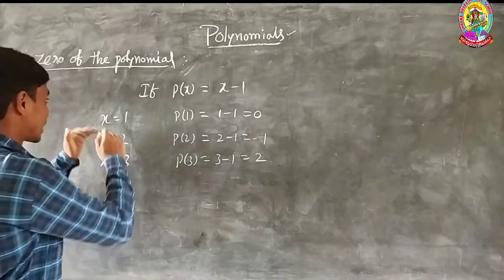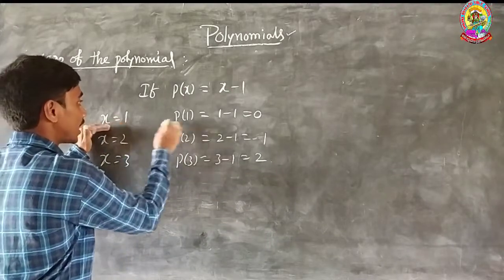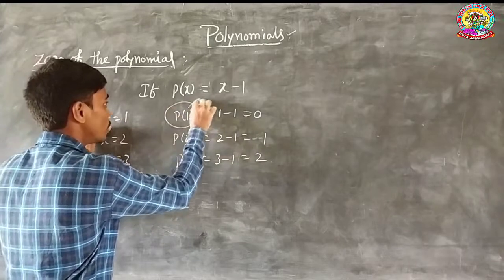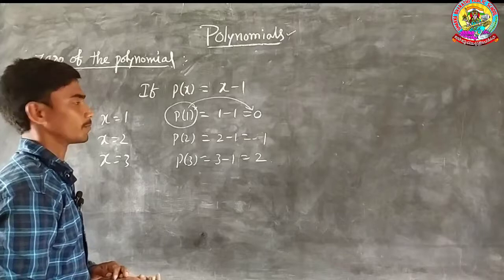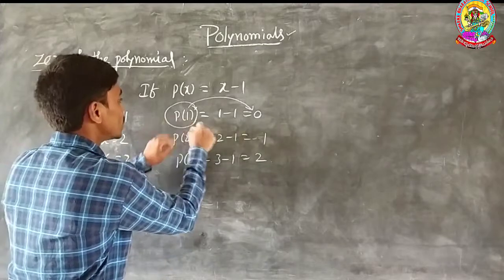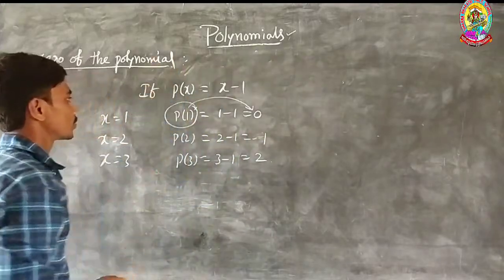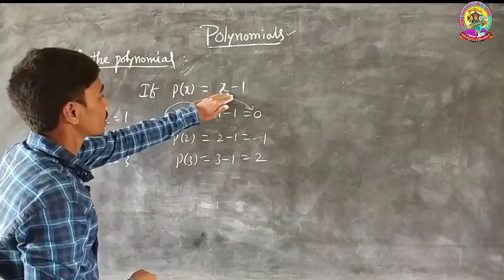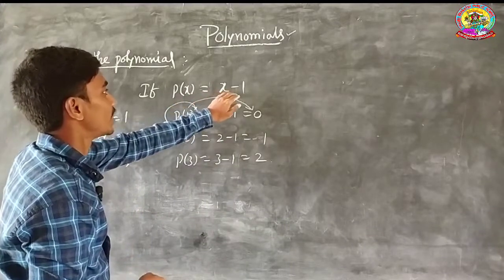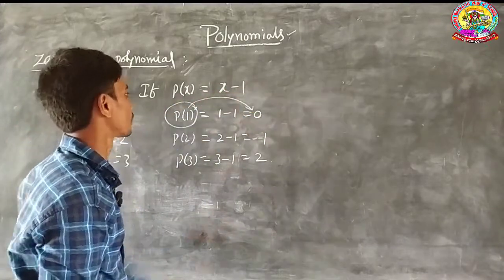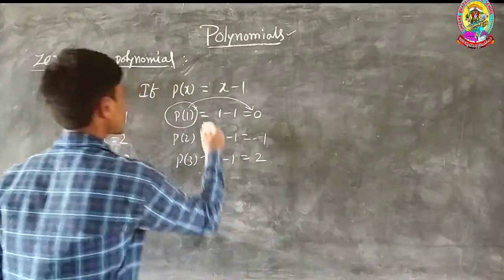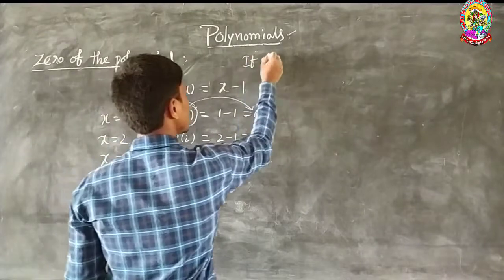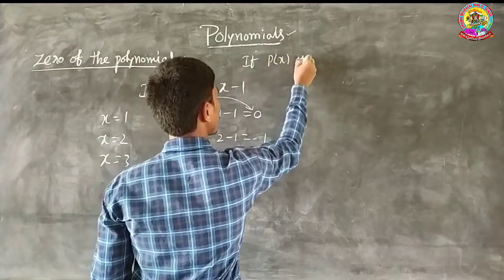So at what value the entire polynomial value becomes 0, that is called the zero of the polynomial. Here 1 is the zero of the polynomial, which means at what value the entire expression value is equal to 0, that value is called the zero of the polynomial.